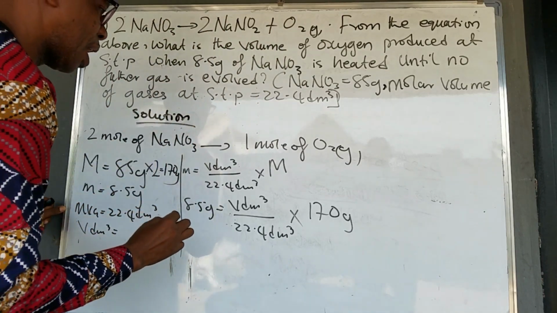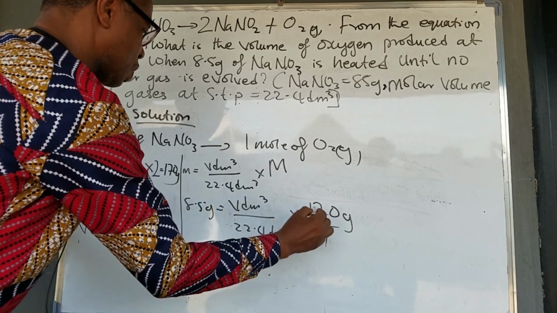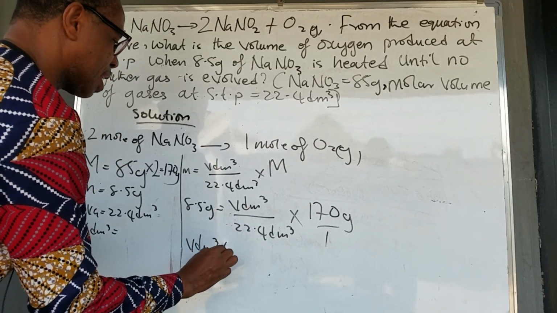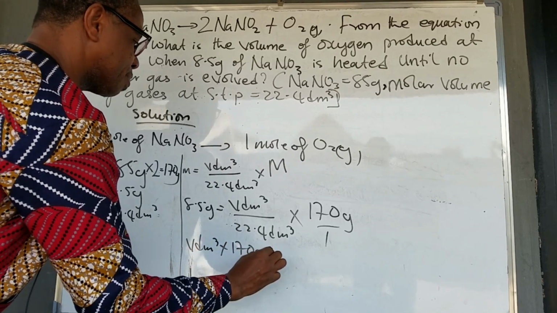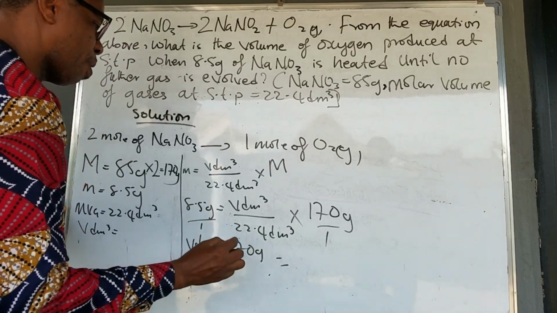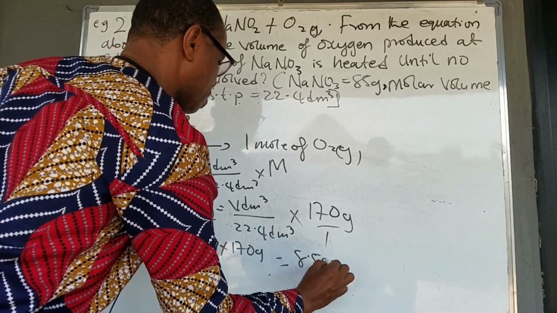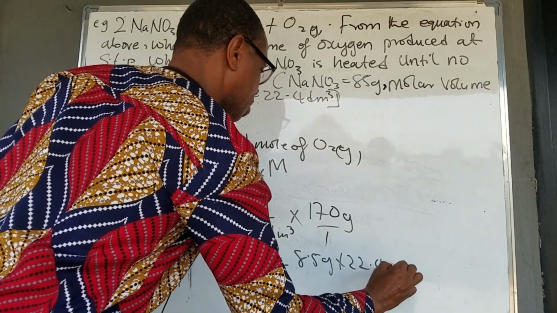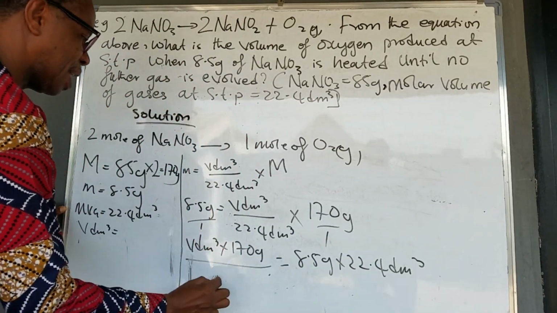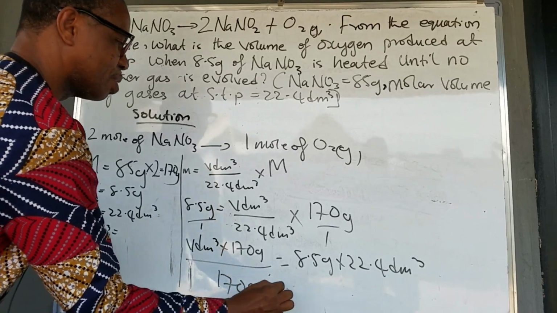Okay. So we now just cross multiply as we used to do. So that will give us volume in dm³ times 170 gram per mole is equal to 8.5 gram times 22.4 dm³. So to bring out the V in dm³, divide everything here by 170.